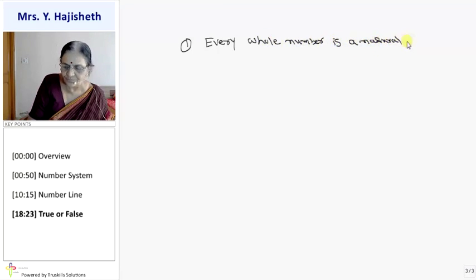No. Every whole number is not a natural number, because 0 belongs to W, but 0 does not belong to N.